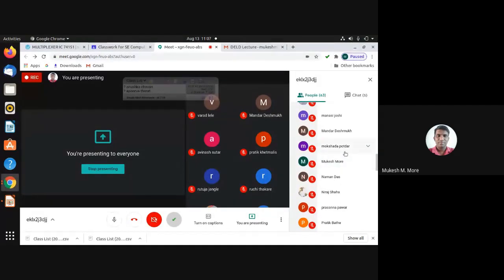Okay, next time we will take the decoder, where multiple inputs and multiple outputs are there.